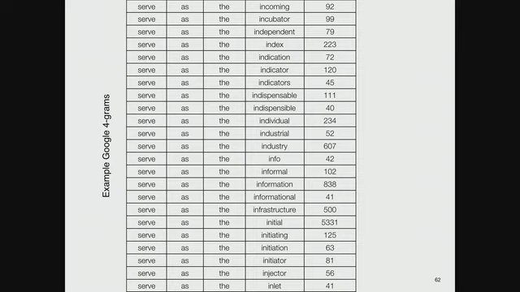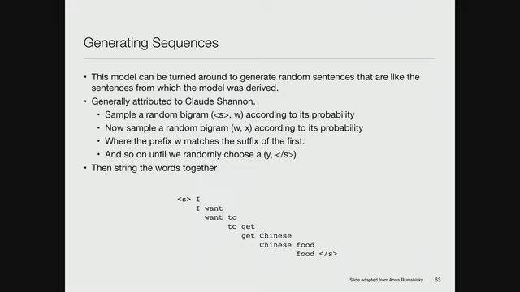And now, given those statistics, we can then build a generator. So we can say, all right, suppose I start with a token, which is the beginning of a sentence, or the separator between sentences, and I sample a random bigram starting with the beginning of a sentence and a word according to its probability, and then sample the next bigram from that word and all the other words according to its probability, and keep doing that until you hit the end of sentence marker.